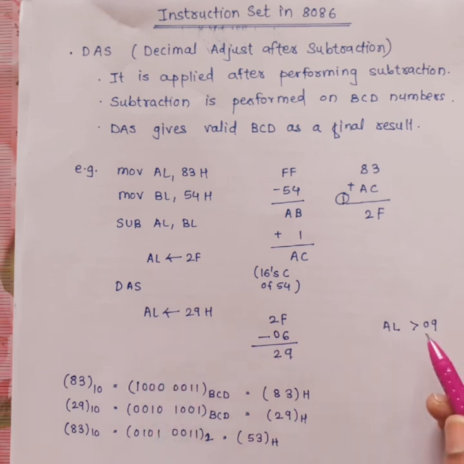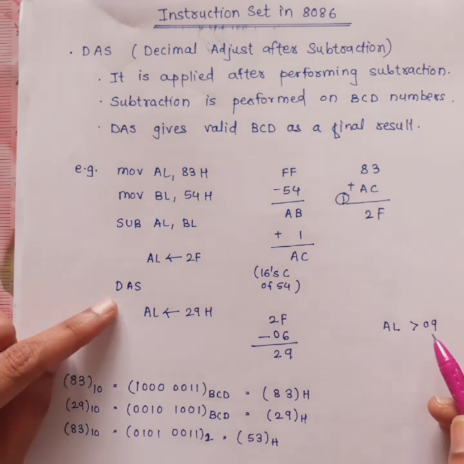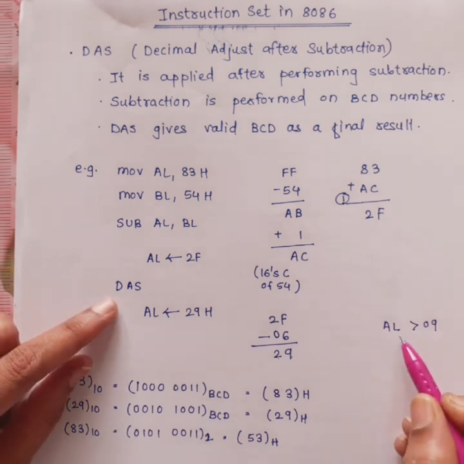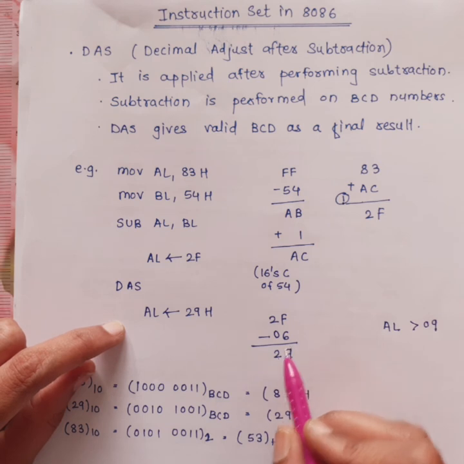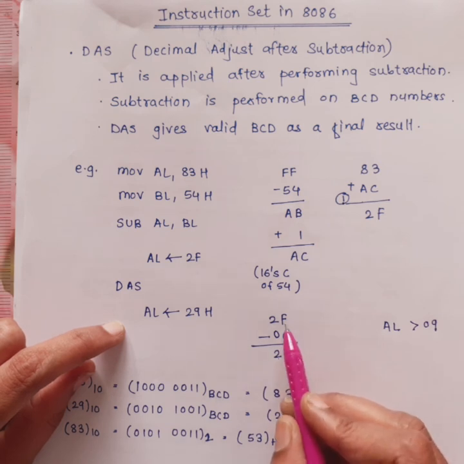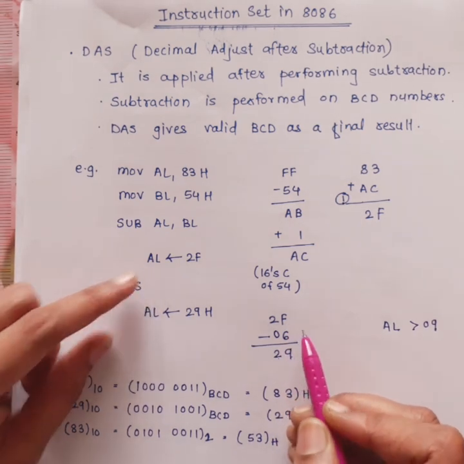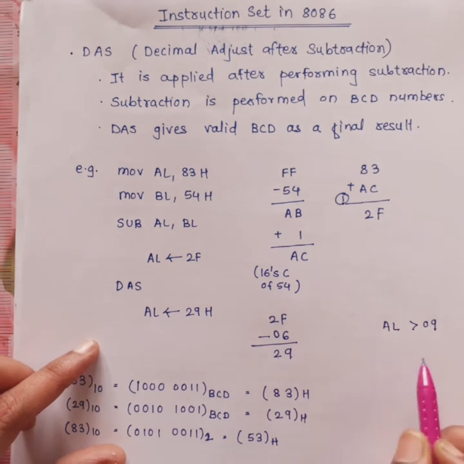See, on application of DAS it checks the condition whether the lower nibble of this AL register is greater than 9 or the auxiliary flag is 1. If so, then 06 gets subtracted from the contents of AL and the auxiliary flag gets set to 1.